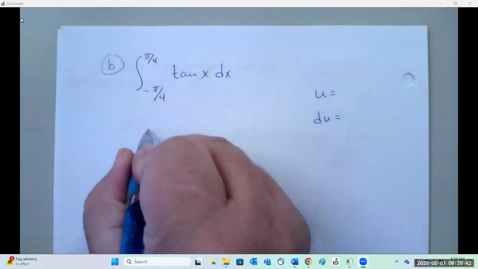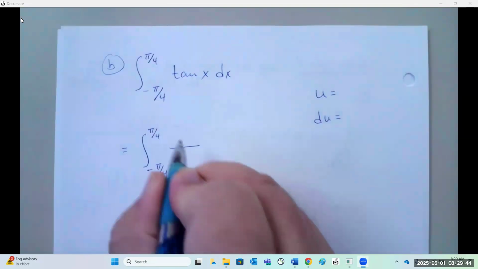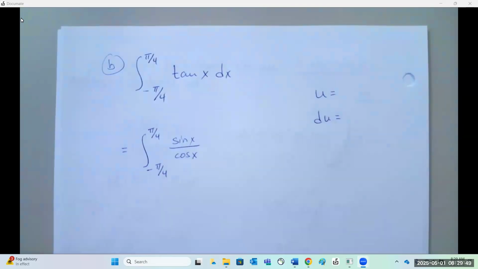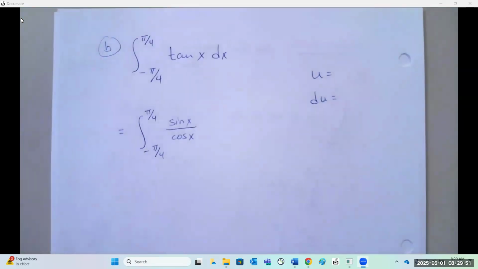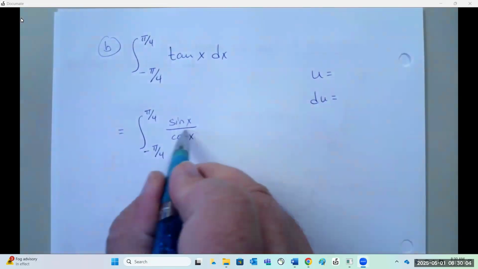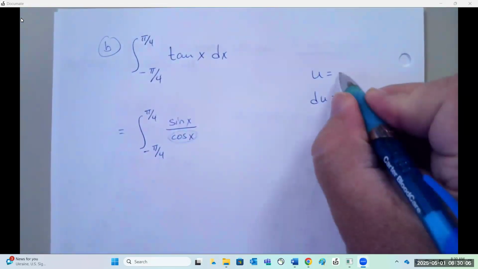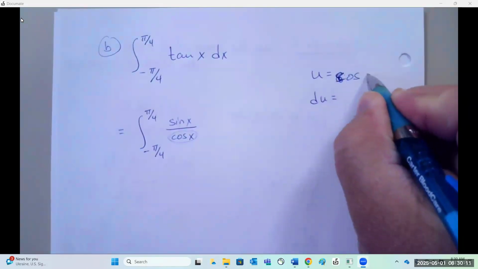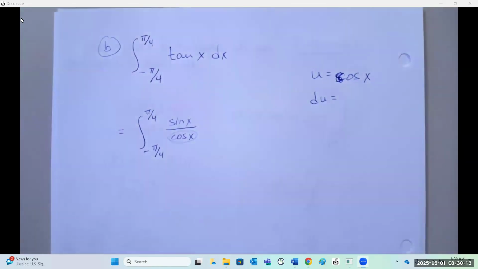Sine over cosine. Usually, whenever you have a rational expression, a fraction, in trigonometry, you set the denominator as your u. It'll be apparent in a second.